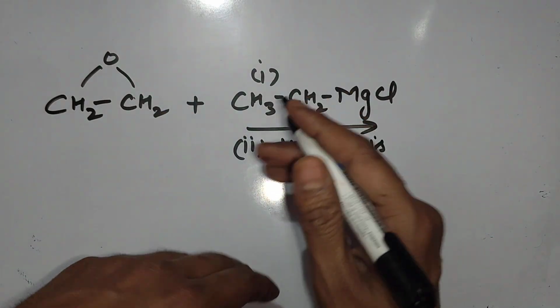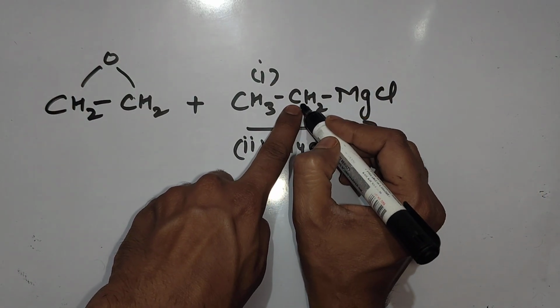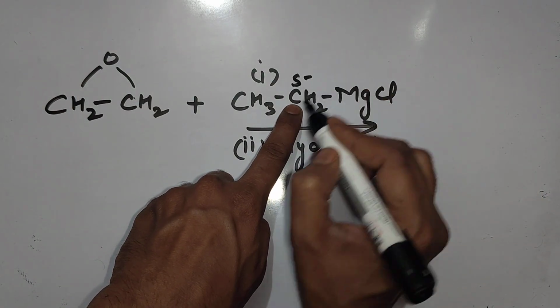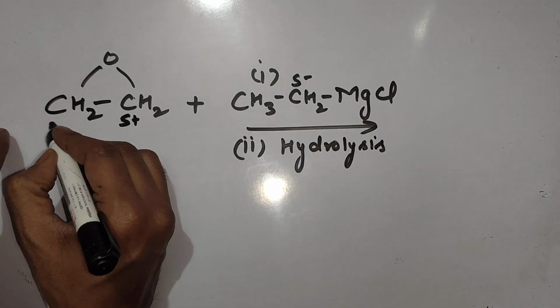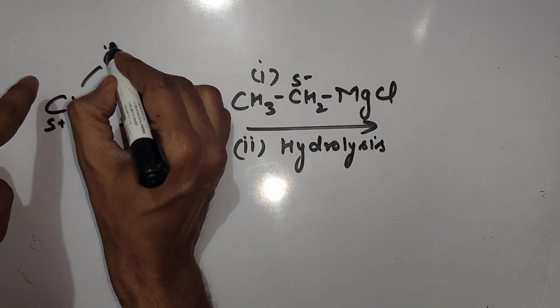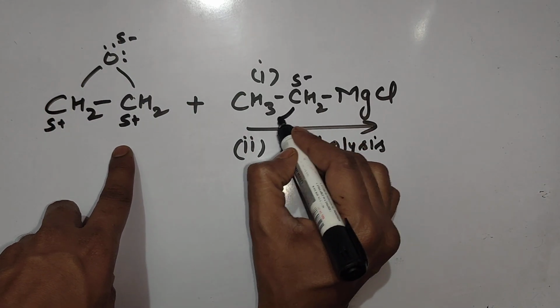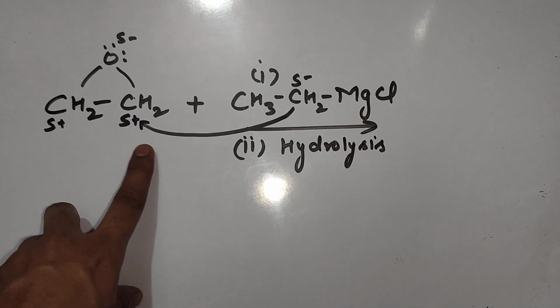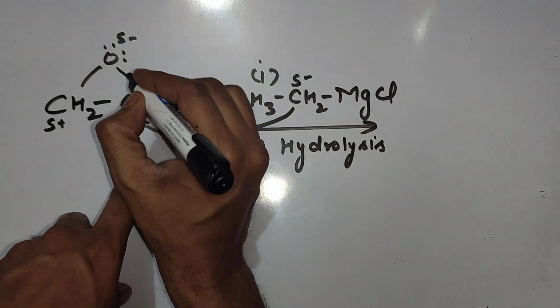So what will be the product? What kind of alcohol will be generated? Let's check. With magnesium, which carbon is attached? This carbon. So this carbon is partially negative. So obviously this will attack these carbons. These are partially positive due to the higher electronegativity of oxygen. Oxygen is partially negative. So this carbon will attack this. Any carbon you can select, it is a symmetrical molecule, the same alcohol will be generated.